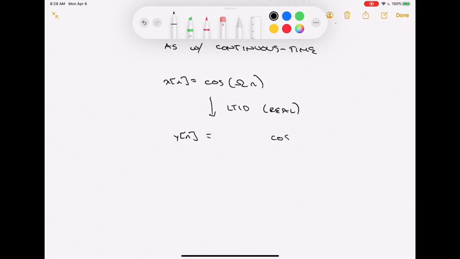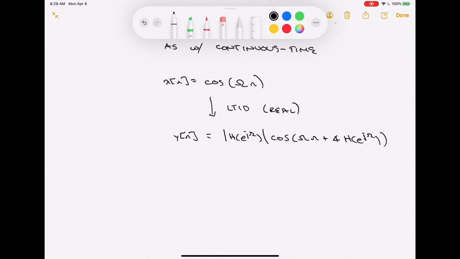We're still going to get that cosine omega n. What's going to change is its amplitude coming out, based on the magnitude response, which is a function of the frequency coming in. And we can also get a phase shift. The angle of H(e^{j omega}) adjusts the phase of that cosine.